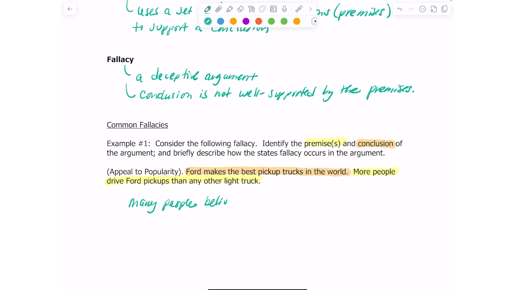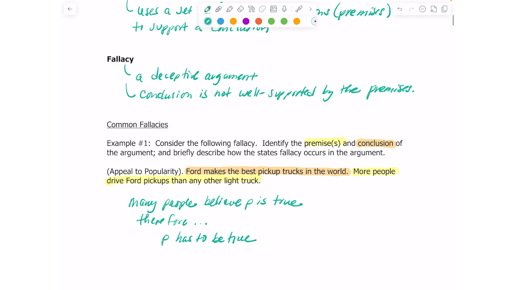In this instance here, more people drive Ford pickups than any other light truck. Okay, so most people think that's true. So therefore, P has to be true. So in other words, therefore, Ford does make the best pickup trucks in the world.